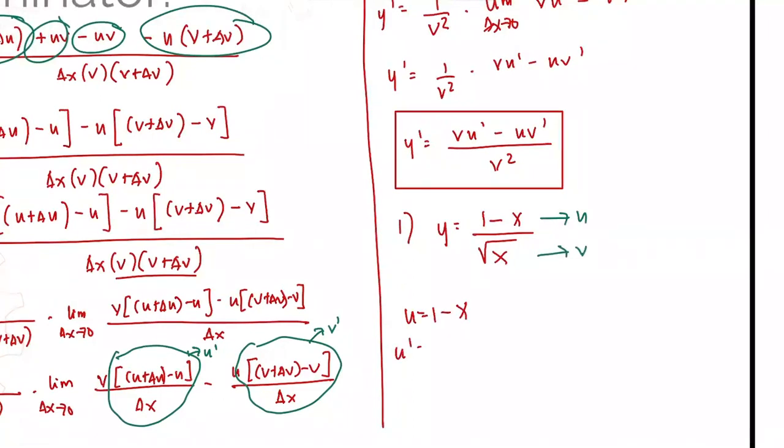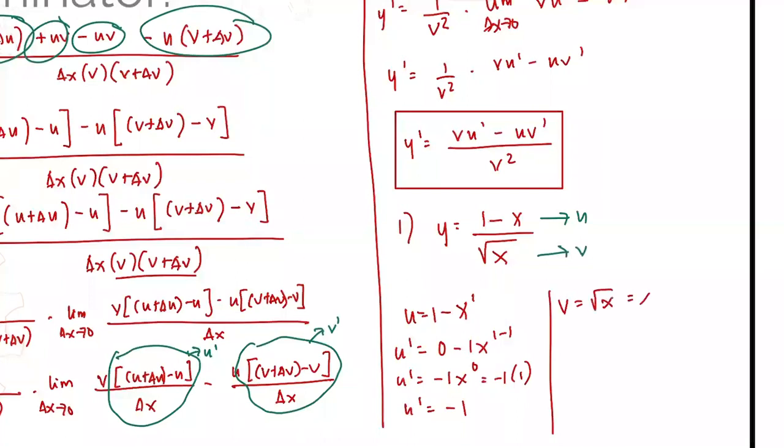So u prime natin is equals to 0 minus, so may imaginary 1 yun doon. So 1 times x raised to 1 minus 1. So u prime is equals to negative 1 times x raised to 0. So x raised to 0 is 1. So negative 1 times 1. So negative 1.